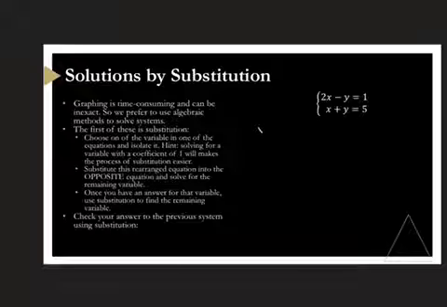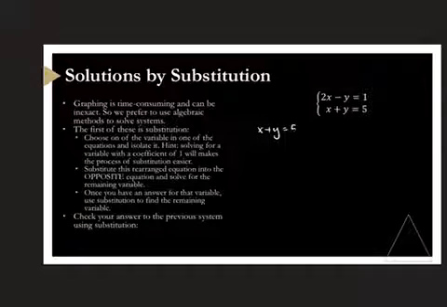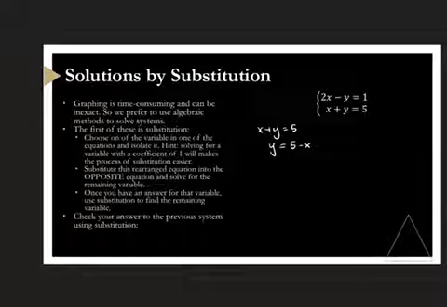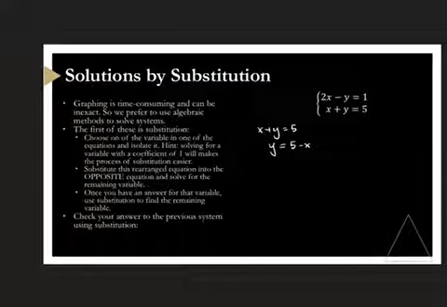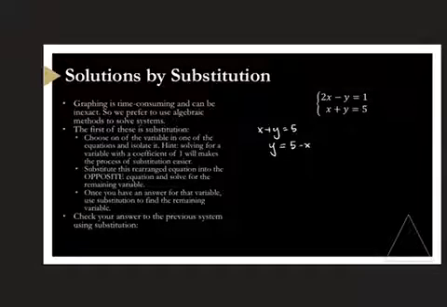So if I have x plus y equals 5, then y equals 5 minus x. And then I'm going to substitute that into the opposite equation, okay? And that opposite is important. If you put it back into the same equation, you're going to get really messed up and it's not going to work. So make sure you're putting it back into the other equation.